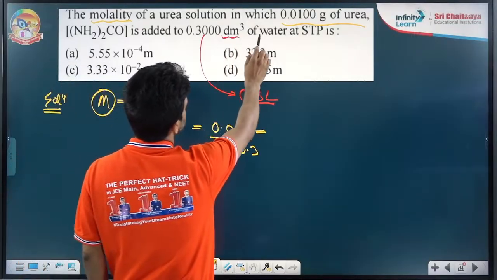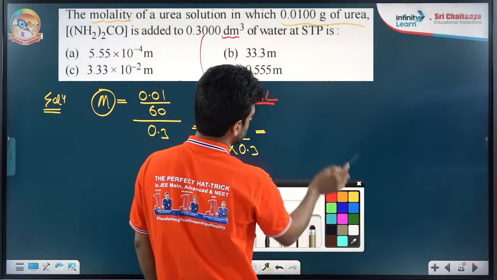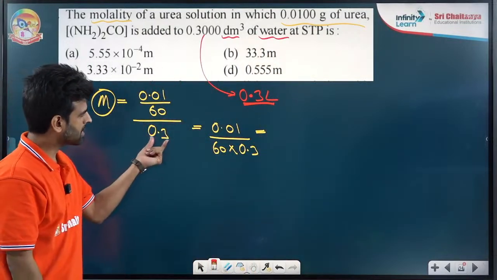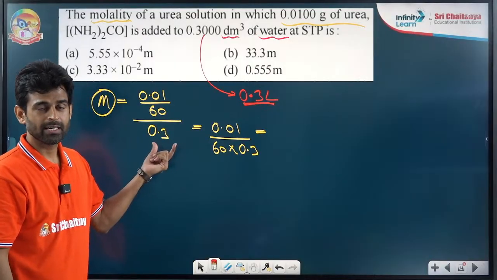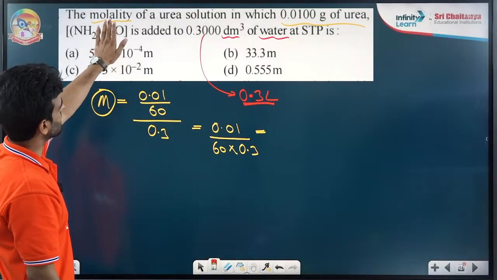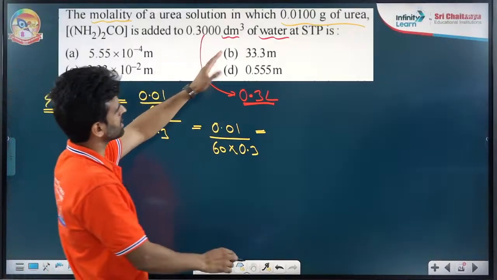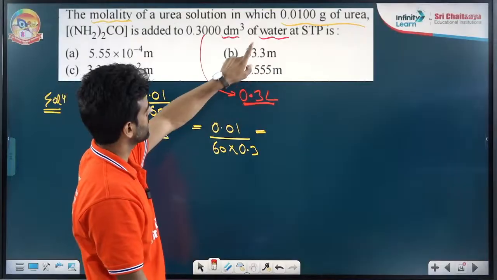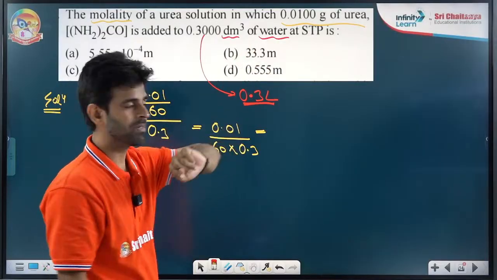They gave water here. Then it's okay, 0.3 kg you can say. Fine. We are finding molality, not molarity. So instead of solution volume, they gave me water volume. So be careful.